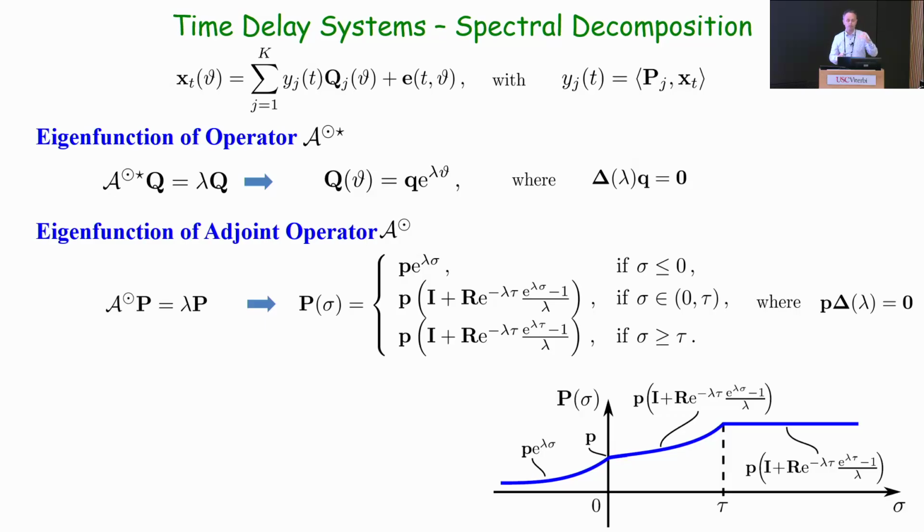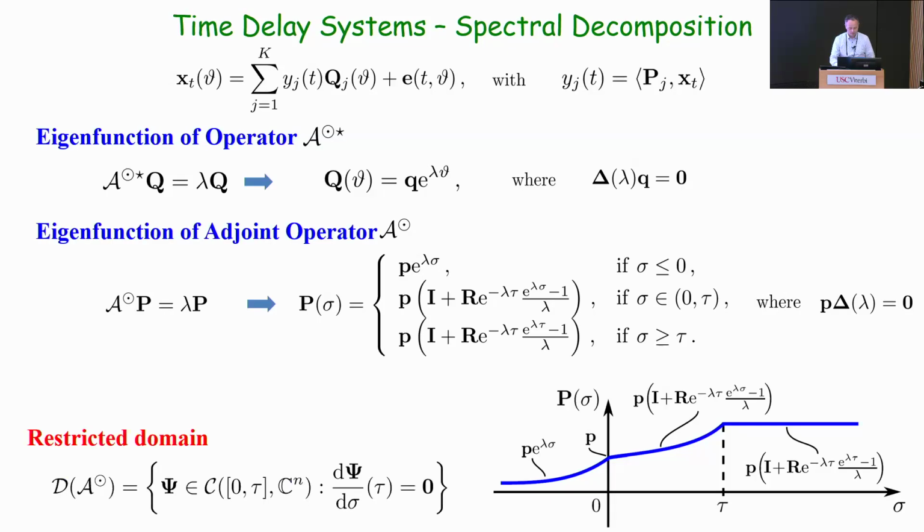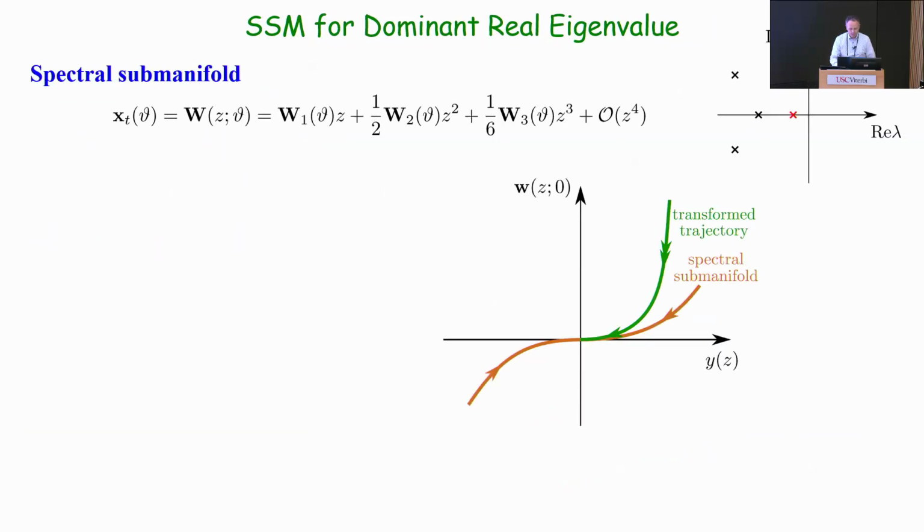There is quite some algebra here, but what I'm trying to illustrate is that this is actually doable. The same way as we do it for ODEs, we can do it for DDEs, and at the end we just need to do some algebra to calculate these finite dimensional parts of the vector.